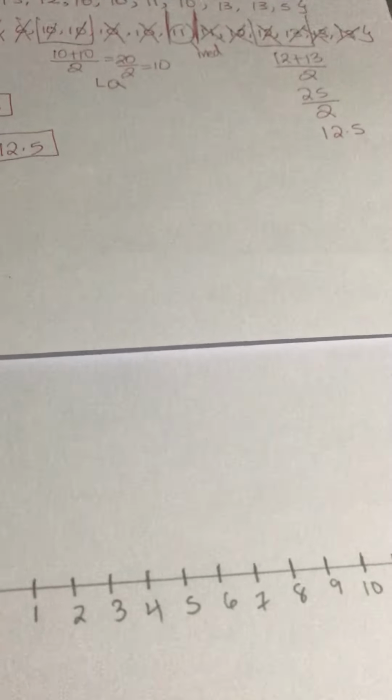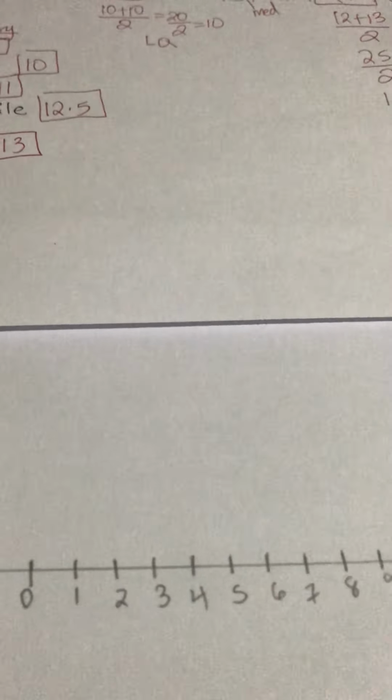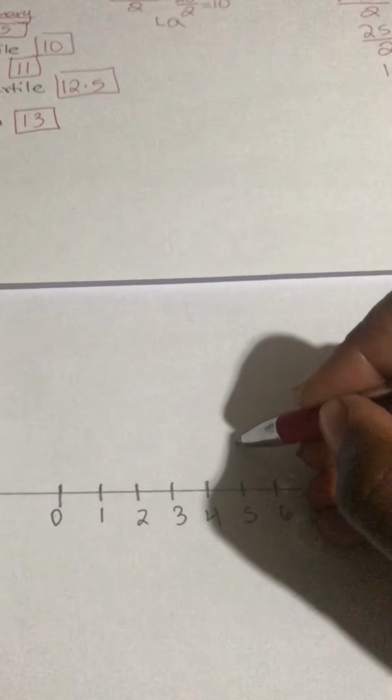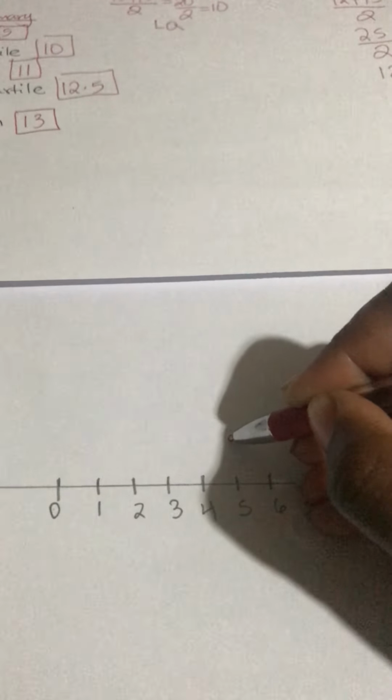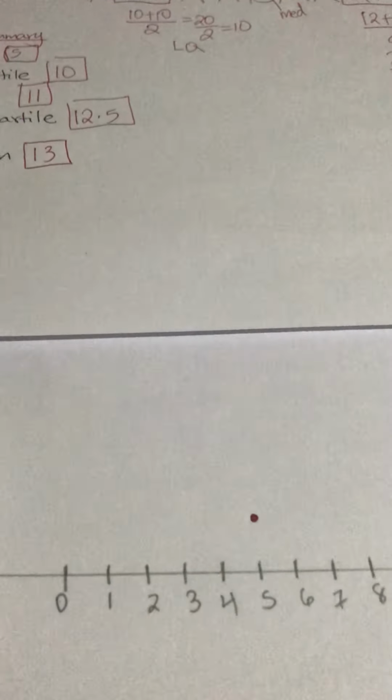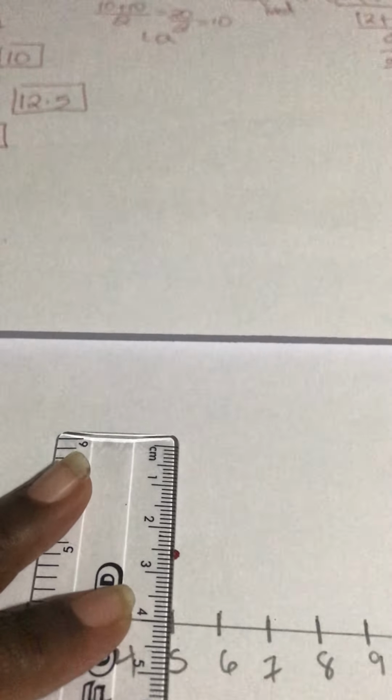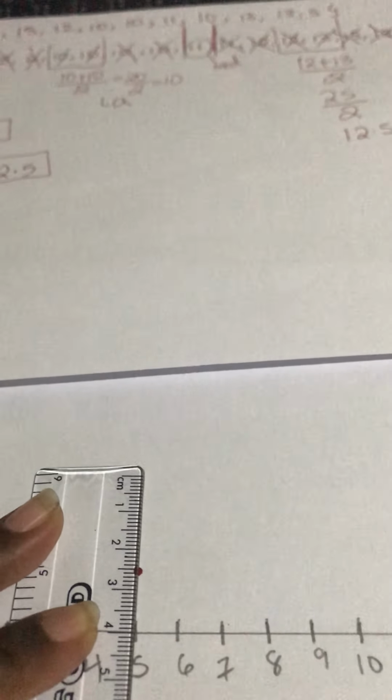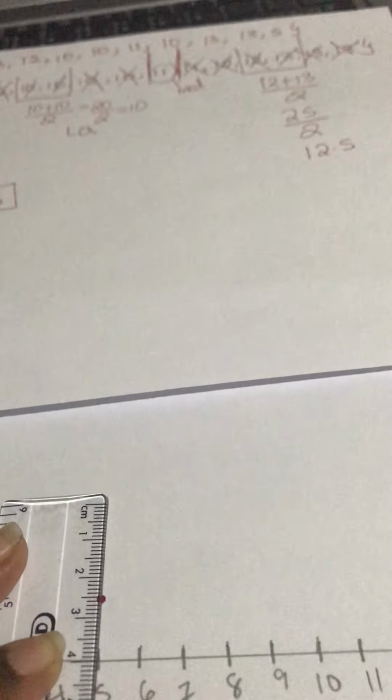Okay? Then the first number I will put is my minimum. My minimum is 5. I have to make sure it is on the same line with 5. So, see, my minimum is 5. The dot is with 5.